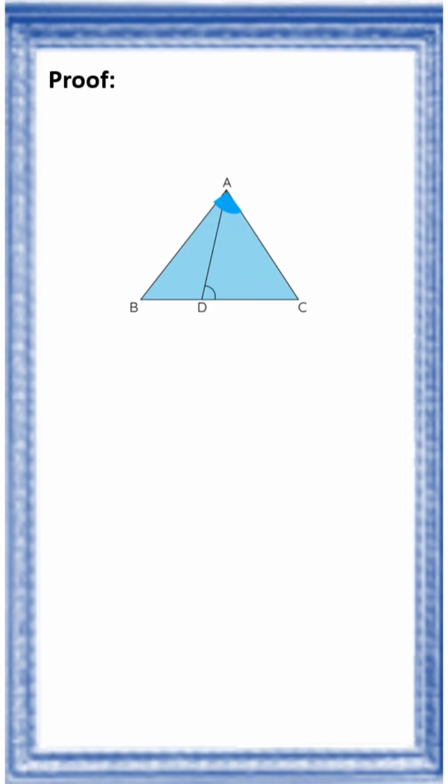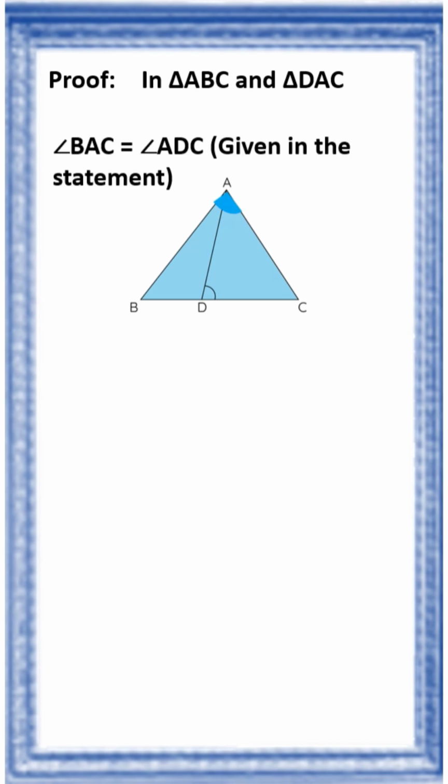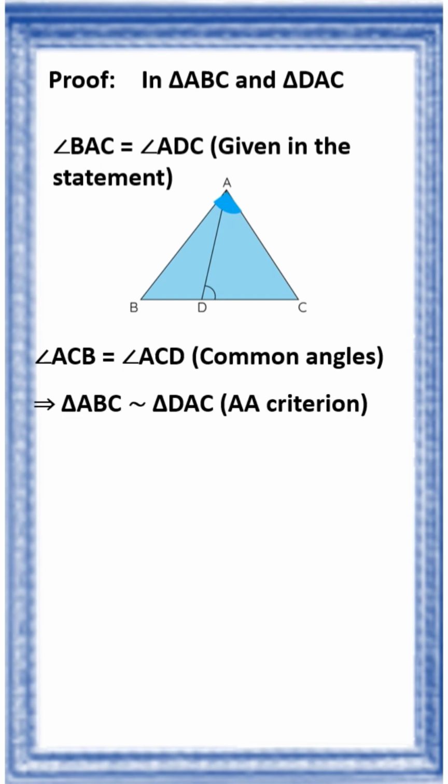Proof: in triangle ABC and triangle ADC or DAC, angle BAC is equal to angle ADC, given in the statement. Angle ACB is equal to angle ACD, common angle. It implies that triangle ABC is similar to triangle DAC because of AA criterion.